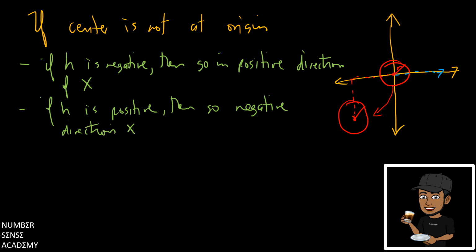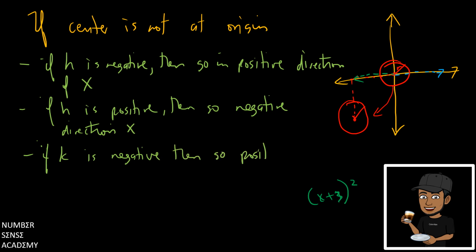All right, so if you have x plus 3 squared, then you go this way. So this is for h and x. So if k is negative, then go positive direction of y.